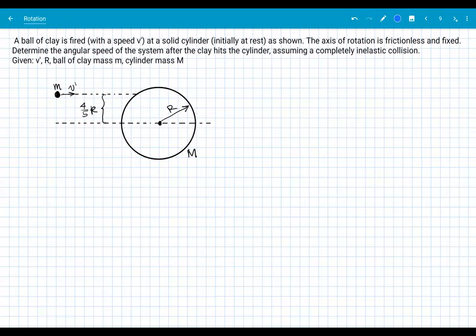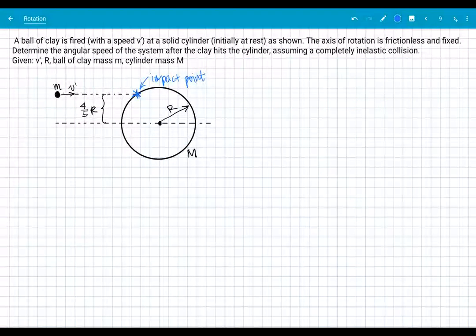So the impact point of that collision is going to be right here. That's your impact point. That's important, right? We're told in this problem that the impact point happens at 4/5 r. So that's why I've drawn it out in the diagram like that.